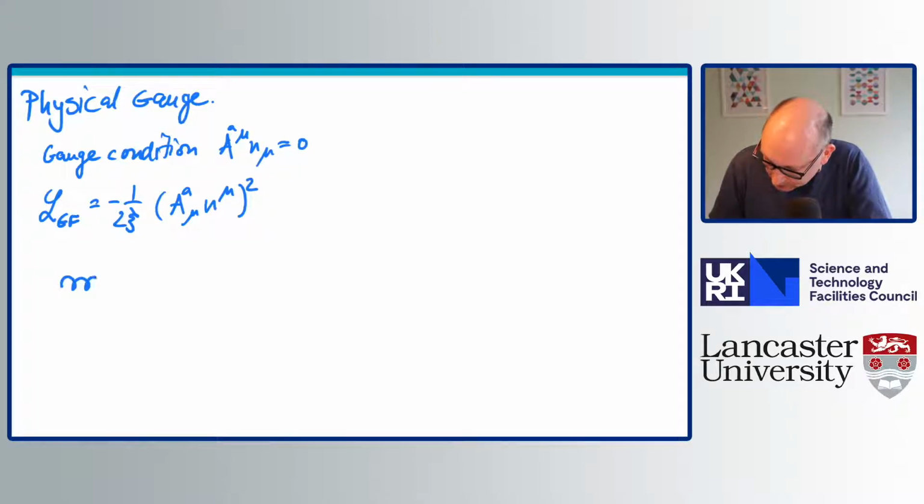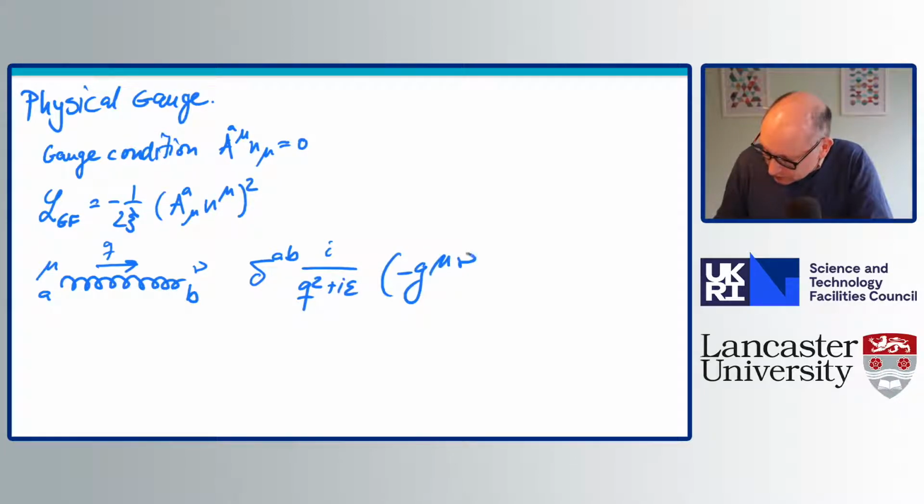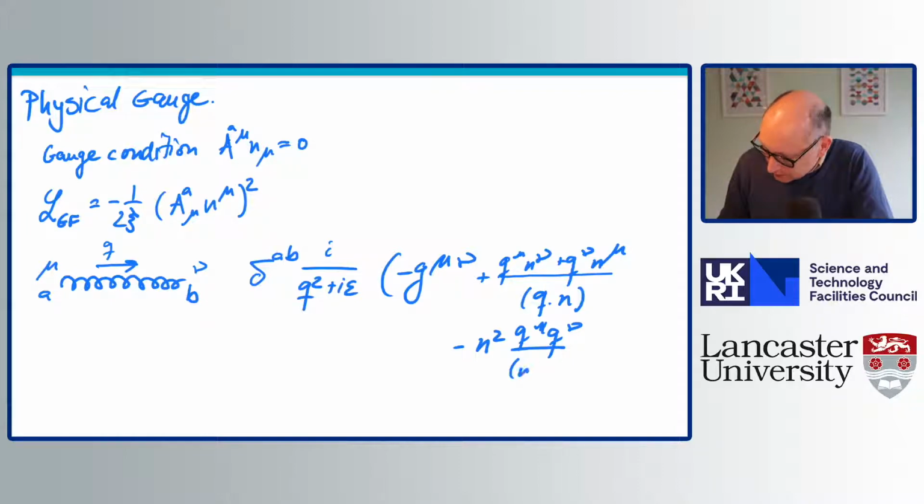So a gluon propagator, propagating with color code A, of course the color code B, μν of momentum q, has a term, the color doesn't change, i over q squared plus iε, times minus g_μν plus q_μ n_ν plus q_ν n_μ over q dot n, minus n squared q_μ q_ν over (n dot q) squared.